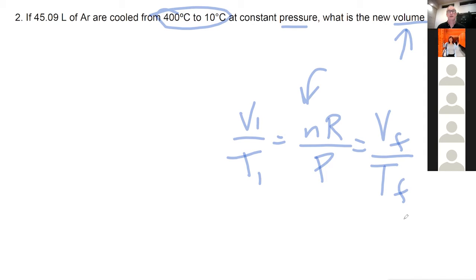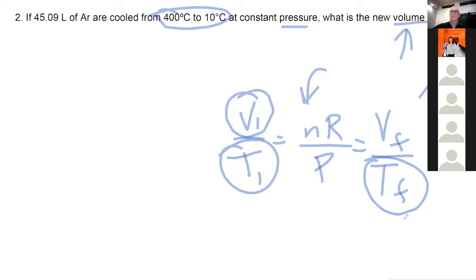As temperature goes up, volume goes up too. As temperature goes down, volume goes down, because when you divide one by the other, you always get the same thing, provided everything else is constant. And so now we have a relationship we can use to solve the problem. All I need to do is plug in my initial volume, the initial temperature, and the final temperature, and I can solve for the final volume.